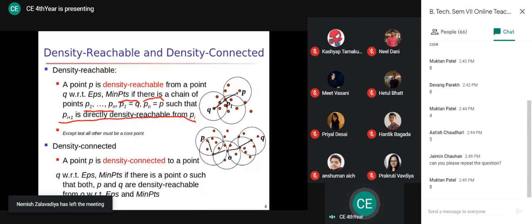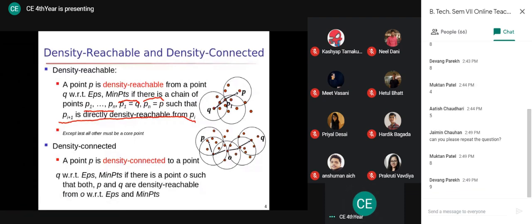Assume that in the chain P1, P2, P3 up to Pn, we have 10 points, such that the first point is Q and the last, 10th point is P. So out of the 10 points, can you tell me minimum how many points must be core points? Then and only then I can say that Q is density reachable to P.